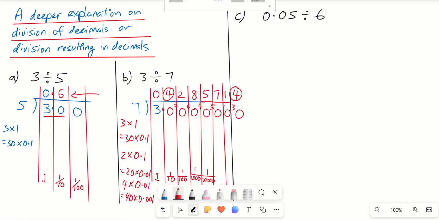So therefore, our answer is just 0.428571 with a bar on top. Now the bar tells me that this sequence of digits is going to be repeated. So the next sequence would look like 428571, and that sequence is going to repeat.